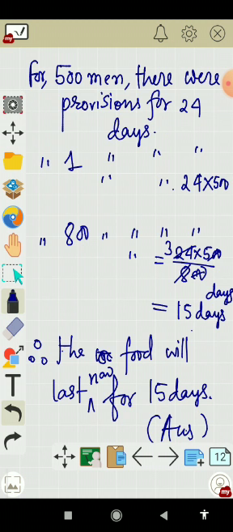So the total number of persons is 800 now, and they have already told that for 500 men there were provisions for 24 days. So for one man there were provisions for 24 into 500 days, and for 800 men there were provisions for 15 days only.